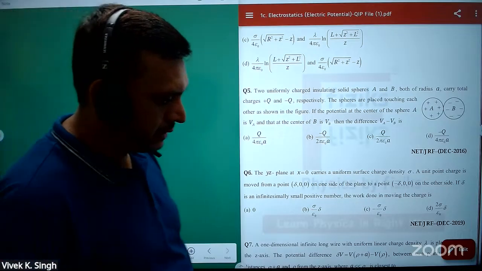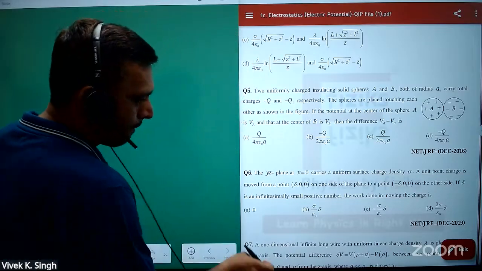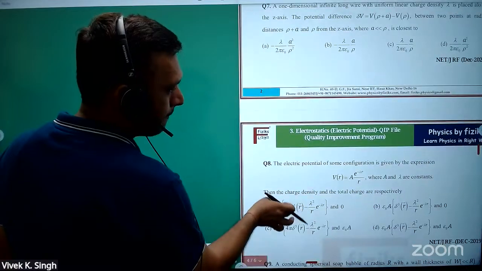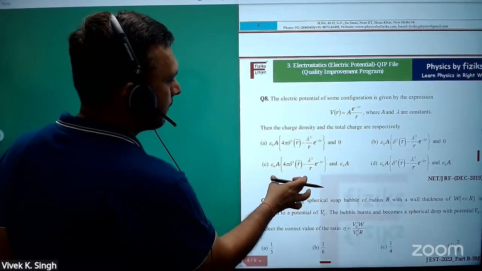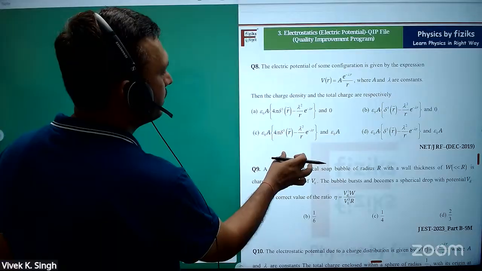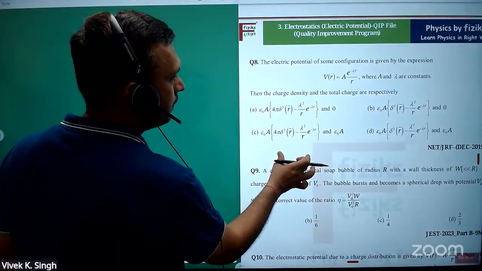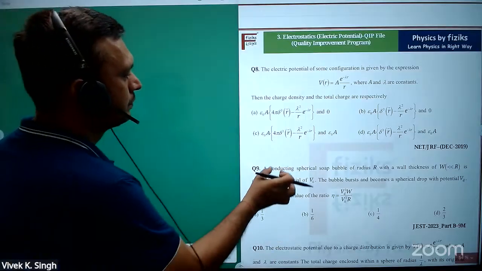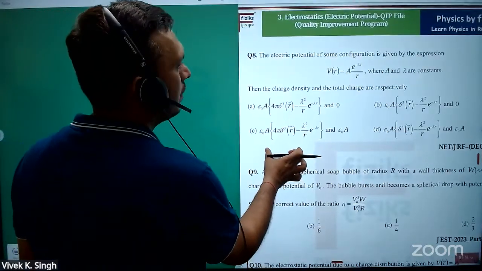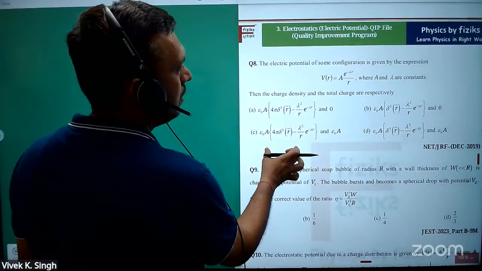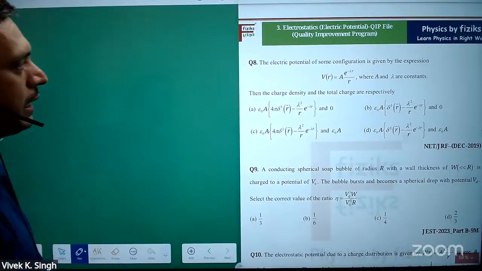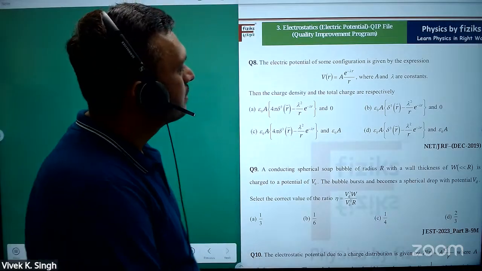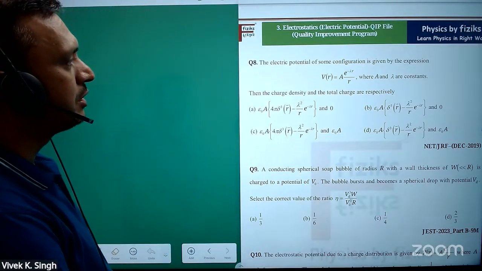So now let's take one more question. Now take question number 8. The electric potential of some configuration is given by this expression.